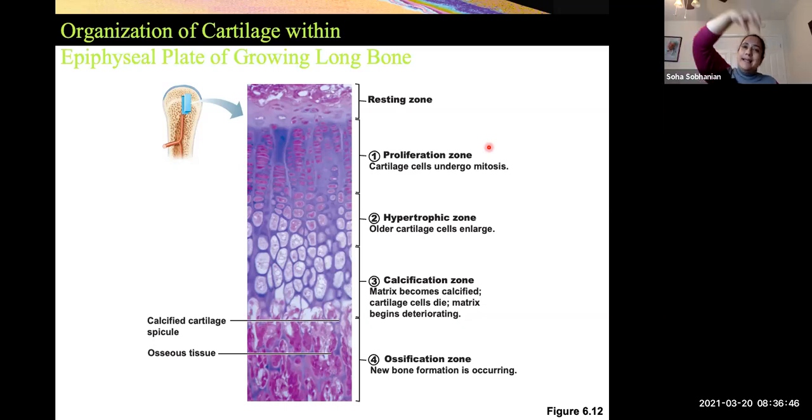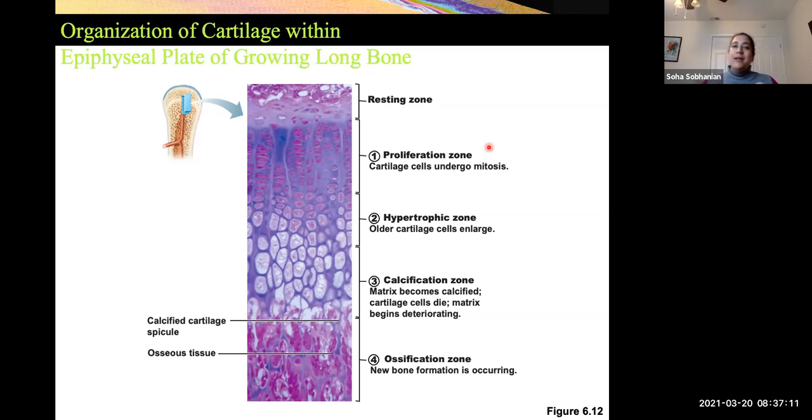So I'm adding less cartilage on the top, but the amount of bone that I'm forming stays constant. So in that case, what happens to your epiphyseal plate? Does it get shorter, stay the same, or get longer? Okay, it gets shorter, correct.